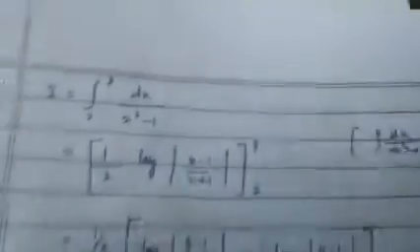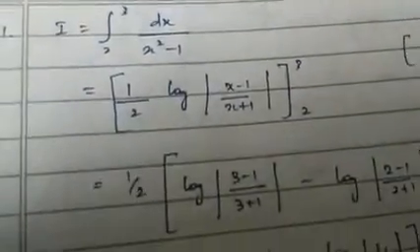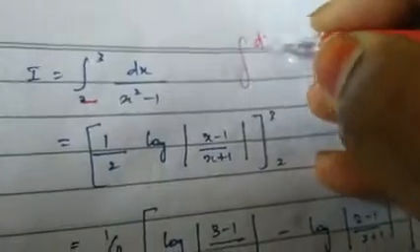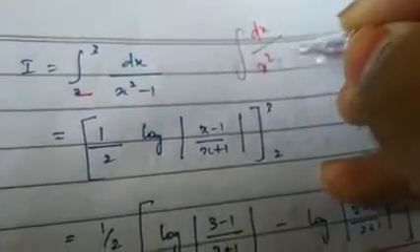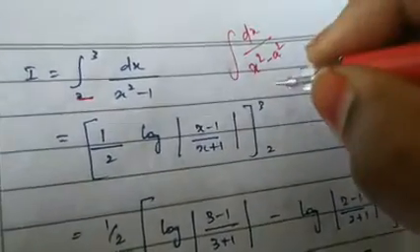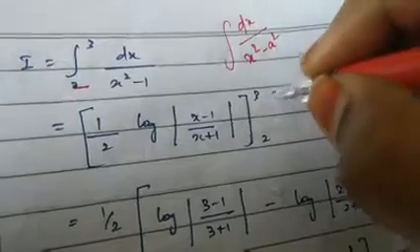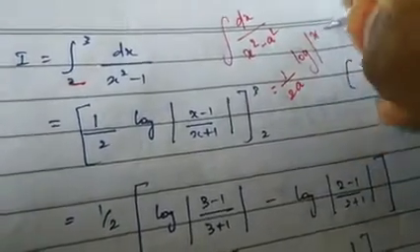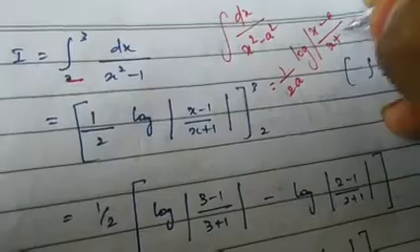The next question. Everything is the formula which you have learnt. Now, integral over 2 to 3 dx divided by x squared minus 1. Now, this is the form integral dx divided by x squared minus a squared. Now, what is the formula for this? It is 1 by 2a into log of x minus a divided by x plus a.